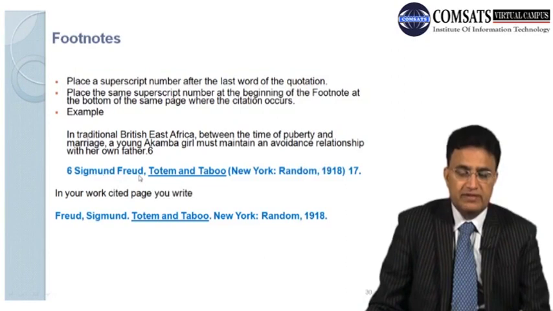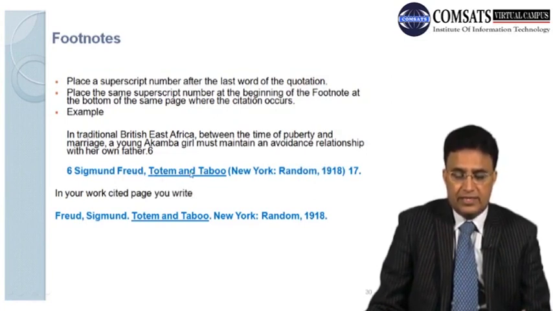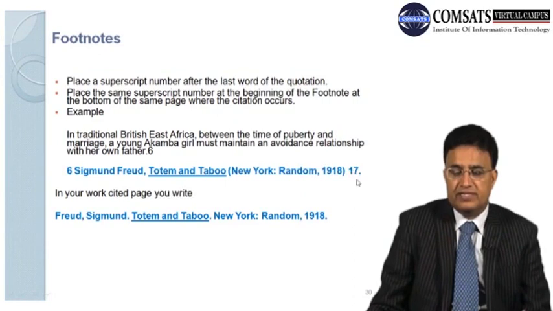It is from Sigmund Freud. Note that it is not in reverse order, it is in the same sequence, first name and surname, then comma, and then Totem and Taboo is the title of the book, and within parentheses you write New York, that is the place of publication, Random House, comma, 1918 is the year of publication, and after that 17 is the page number.